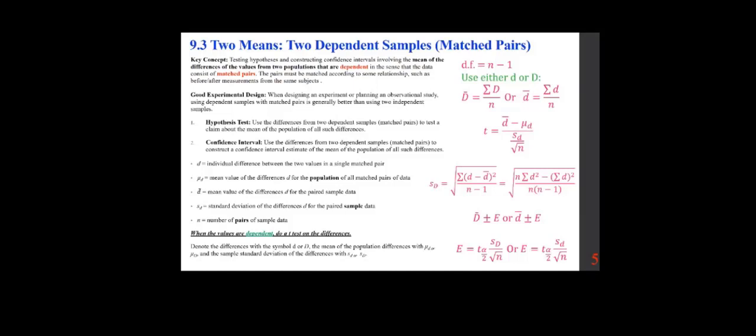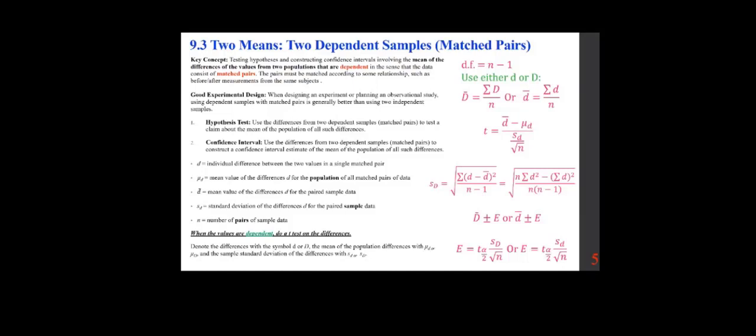I'll show what I mean by that in a simple example. There is absolutely nothing brand new. In essence, we are repeating the previous section, but we repeat it on the differences of the matched pairs. That is the data we are interested in. We'll see in a moment.